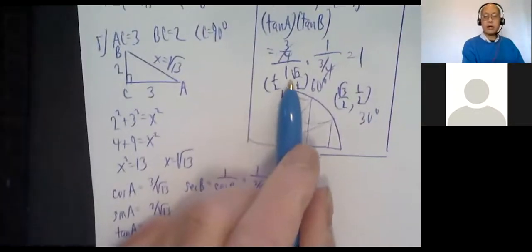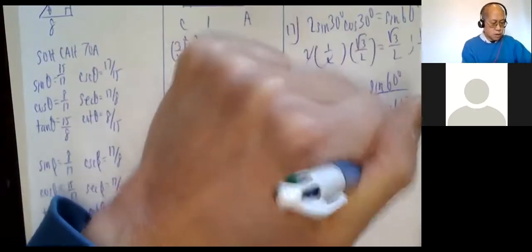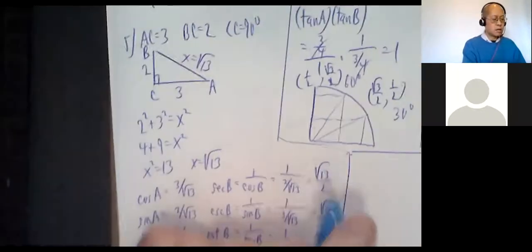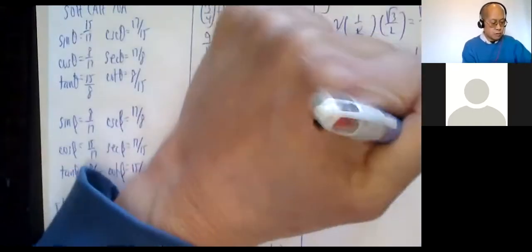Okay, sine of 60 degrees, y coordinate, radical 3/2, divided by 1 plus cosine of 60 degrees. Cosine of 60 degrees is 1/2.